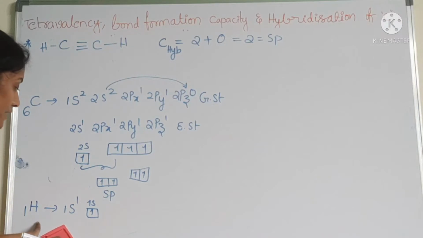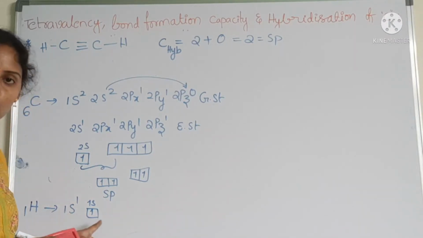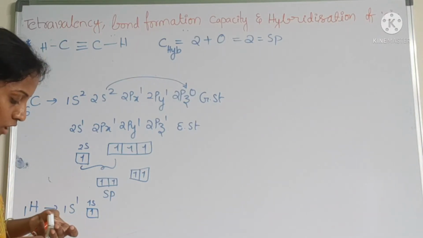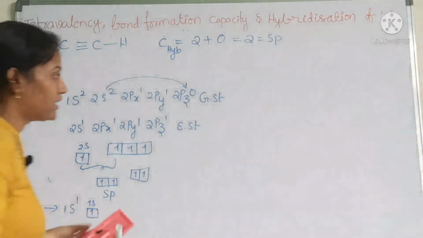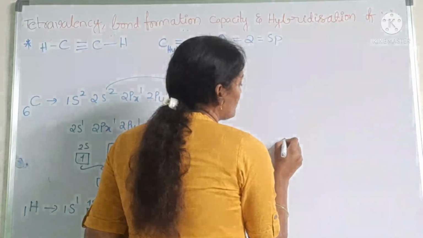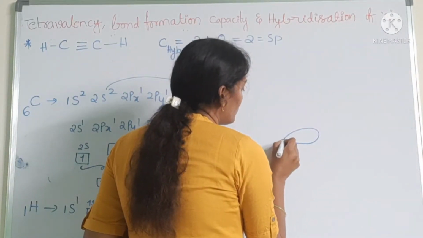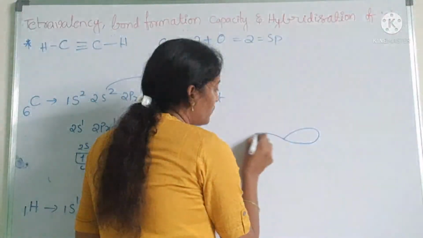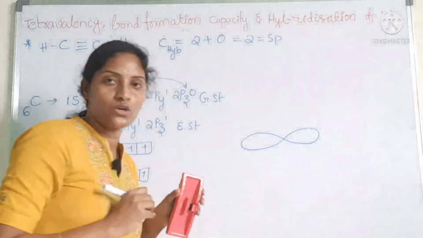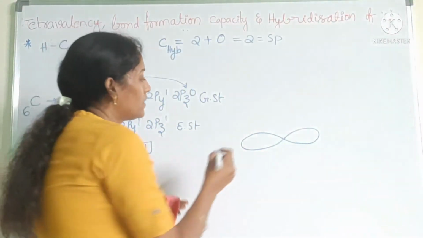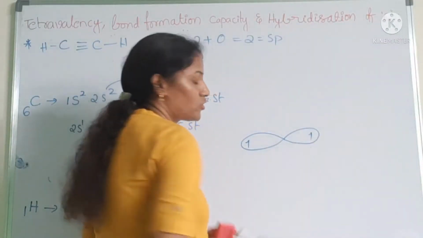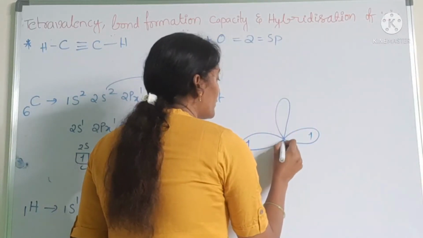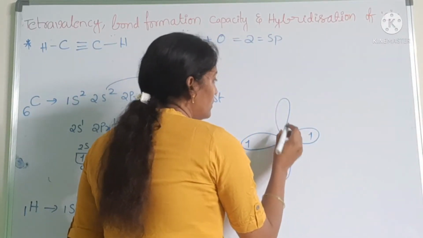As usual, hydrogen has one electron in its 1s orbital. Coming to how bond formation takes place here. This is one hybridized orbital from one carbon. This is another hybridized orbital from that carbon. Each one has a single electron. Okay. See here, this is the unhybridized p orbital.